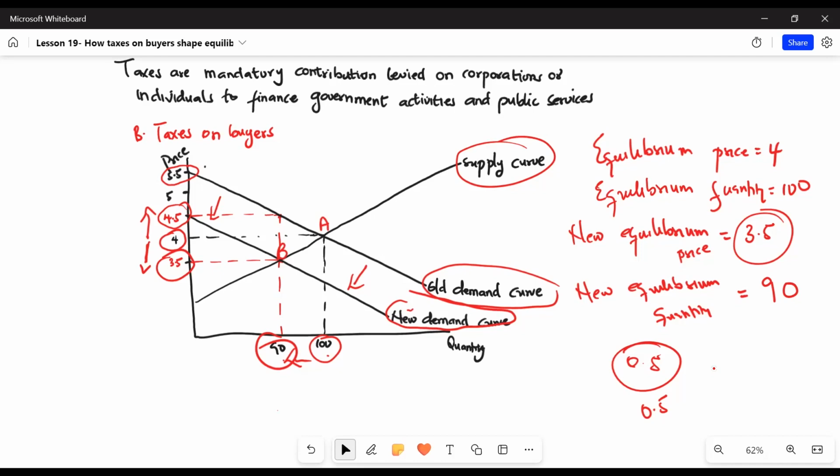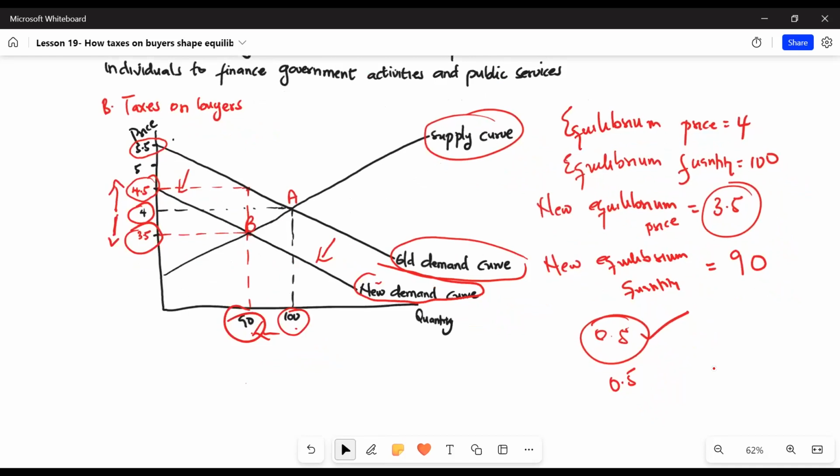So buyers pay an extra £0.5 because of the tax, and producers lose £0.5 because of the tax. So the £1 tax placed on buyers has been shared equally between buyers and sellers, which is 0.5 and 0.5.